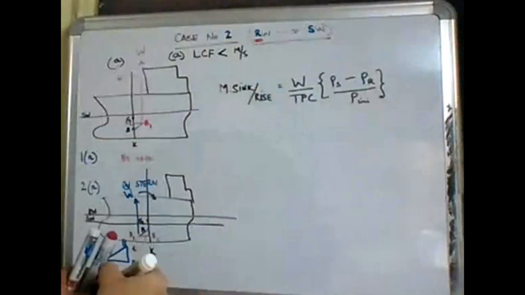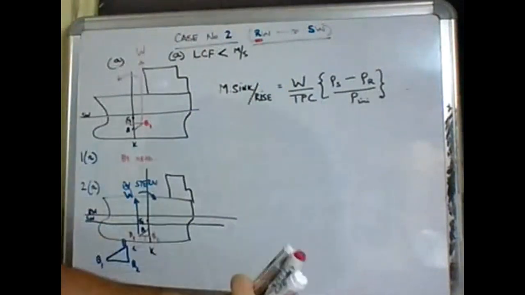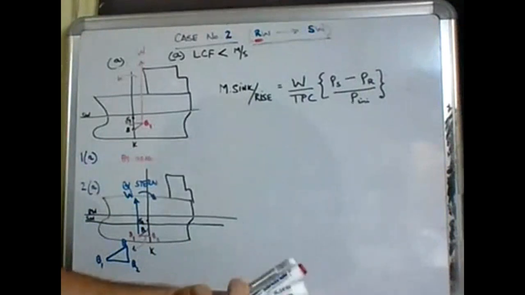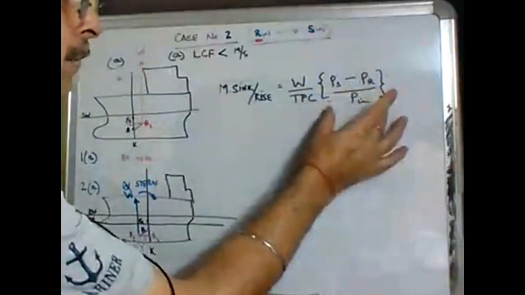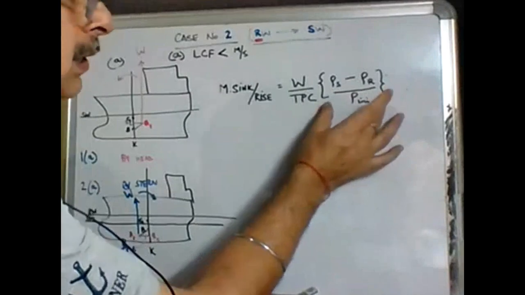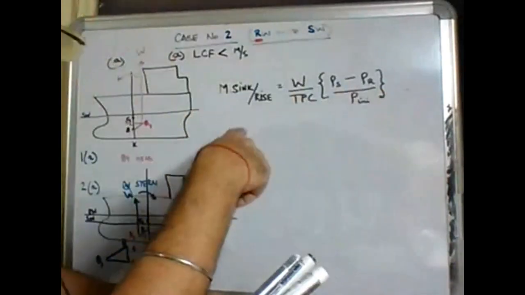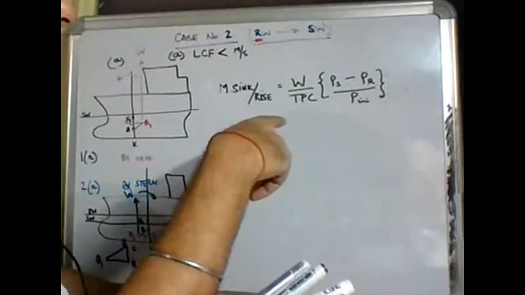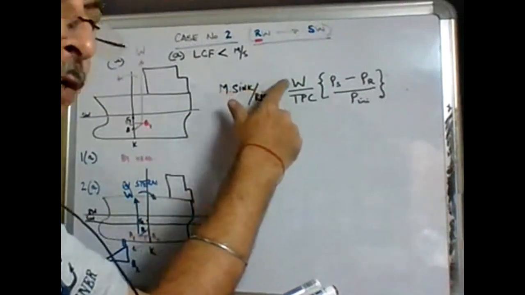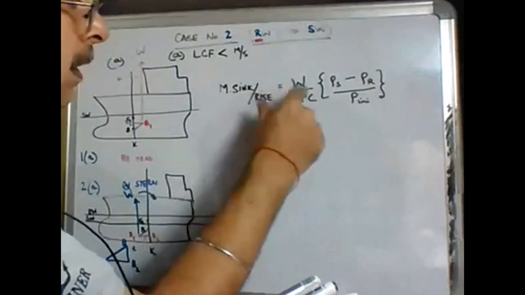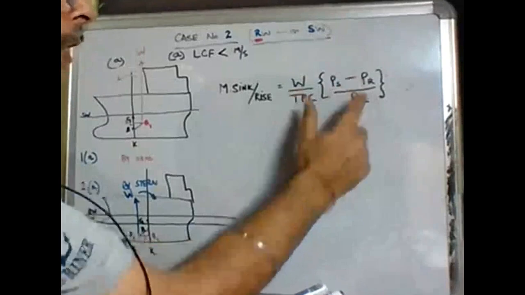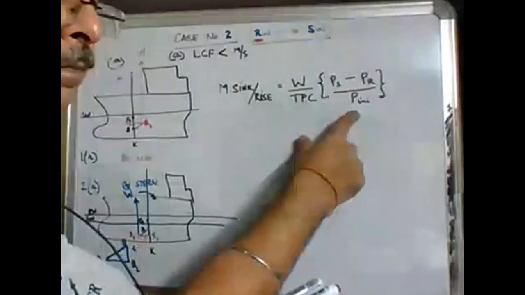One standard formula for both 1A and 2A and 1B and 2B also. Notice everything in the bracket is the same as the previous formula bracket. W is the displacement of the vessel. TPC, higher density, lower density, initial density.